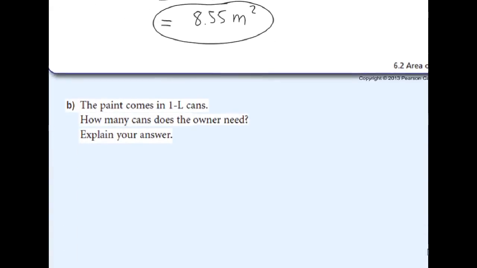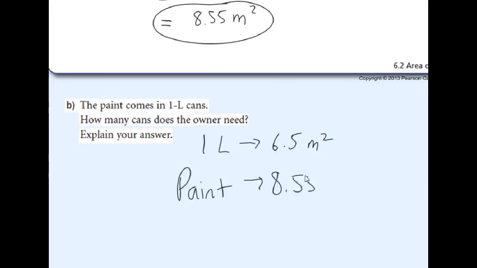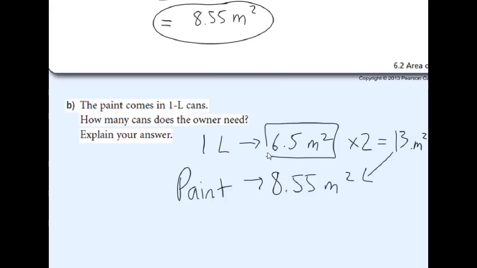So let's write that down. 1 liter covers 6.5 meters squared, and we need to paint 8.55 meters squared. So how many liters are we going to need? Well, clearly it looks like we'll need 2, because 6.5 times 2 liters would give us enough to cover 13 meters squared. And that'll be enough to cover 8.55. 1 liter would only give us 6.5 meters squared of coverage. So that's not going to work.